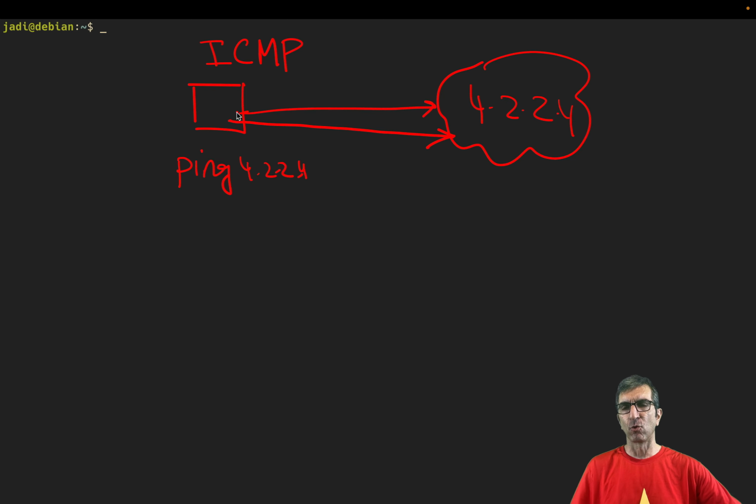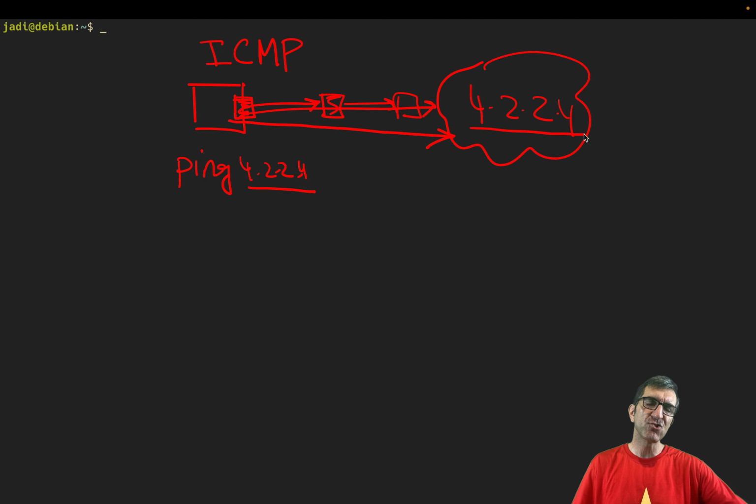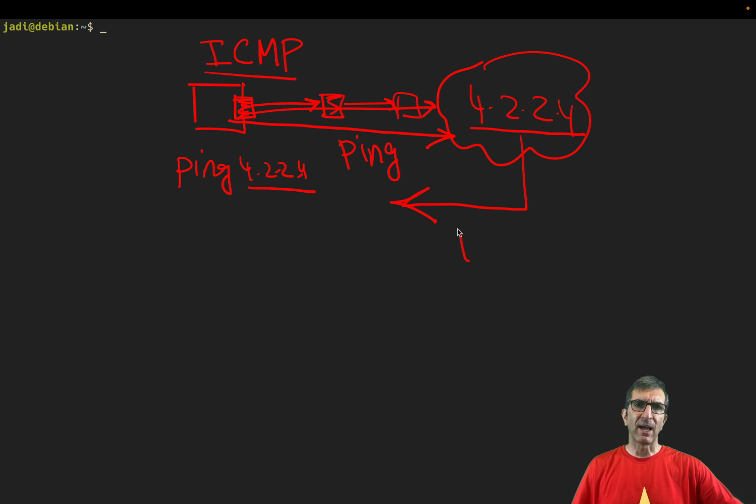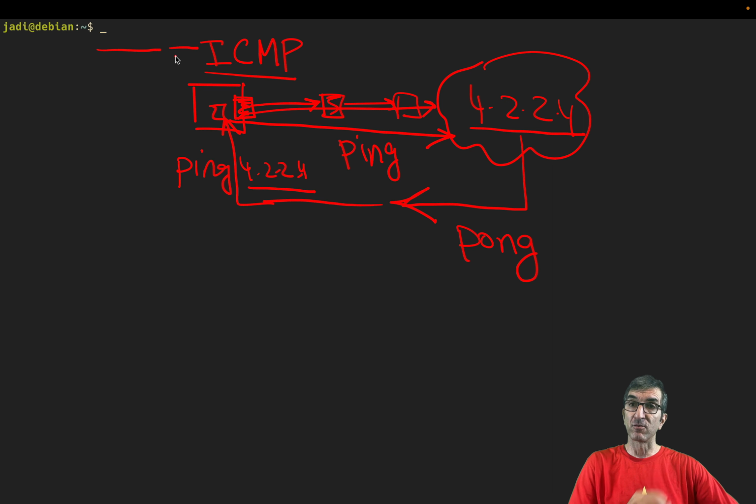Now you know a little bit about routing, so if my computer doesn't know what to do with this, it will send it to its default gateway. The default gateway will send it over the network to the next hop, till you reach this computer. This computer sees, okay, I've got an ICMP packet from this address, and will answer you back. You are sending a ping, the answer is a pong. And you will get your packet back from all these servers. You will get it here, and your computer says, okay, I sent a ping, and I got the answer in this specific time.